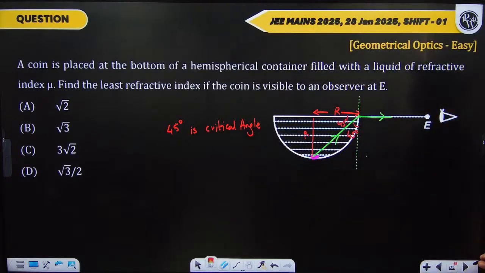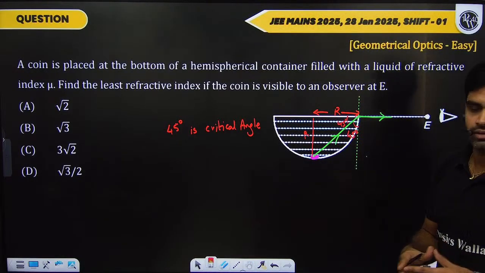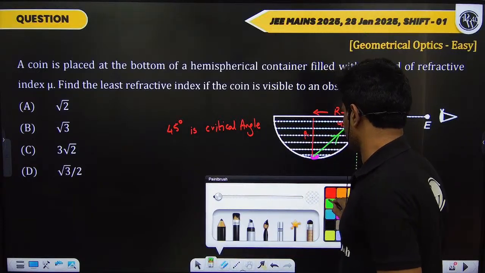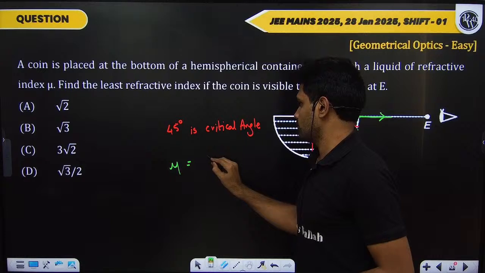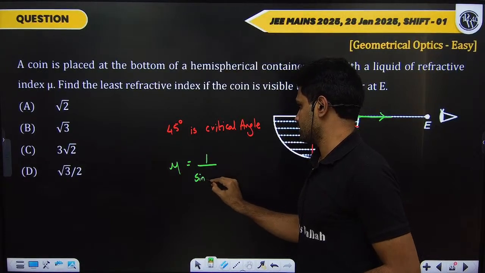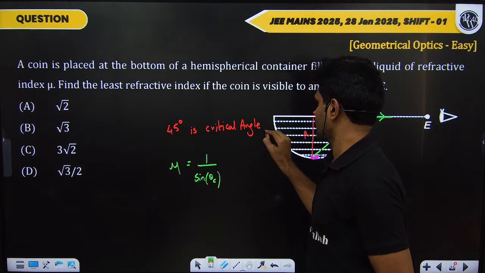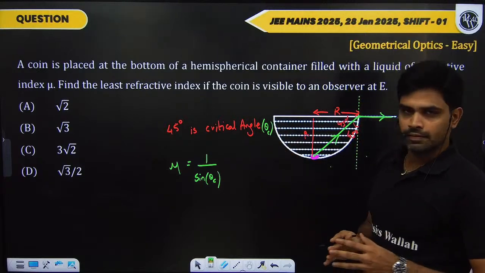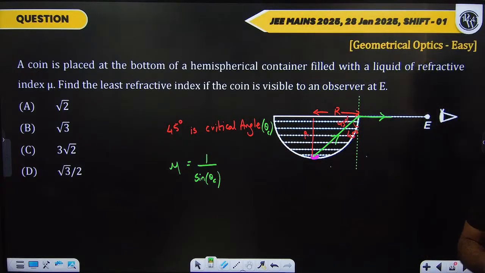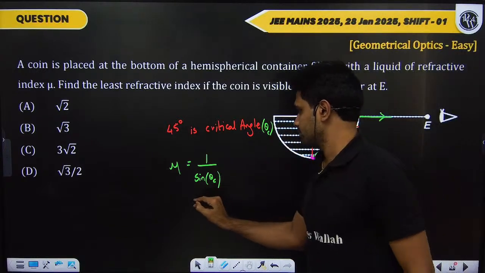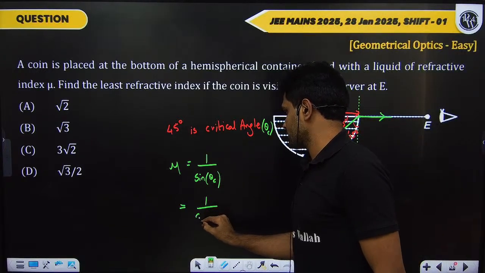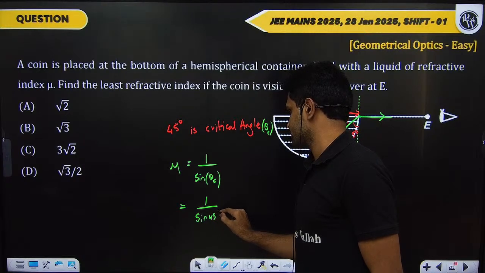Very simple. They are asking to find the least refractive index. What is the relation between refractive index and critical angle? The refractive index is 1 by sin theta c, where theta c is our critical angle.